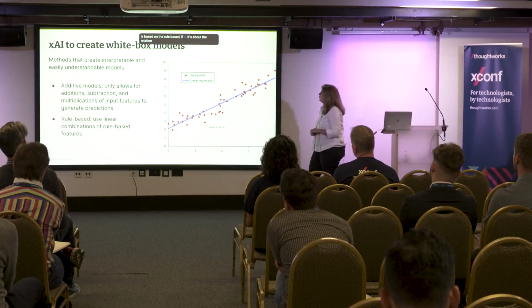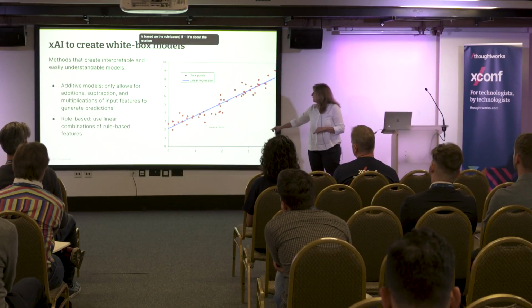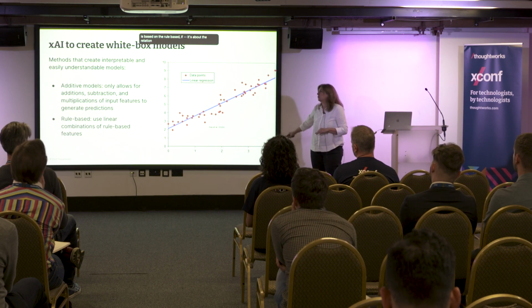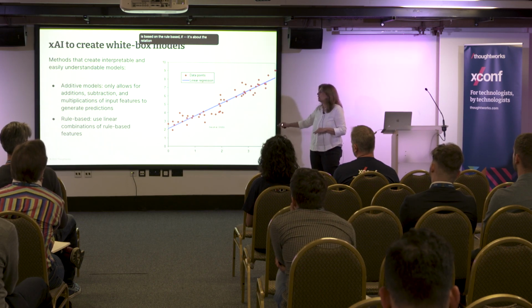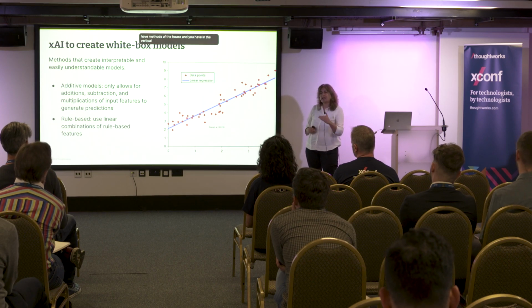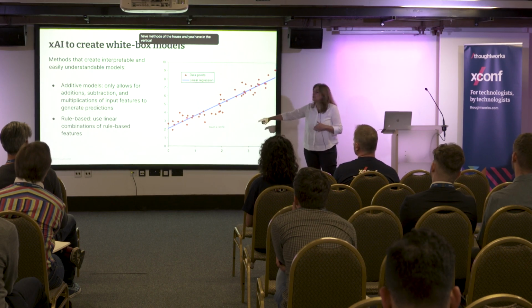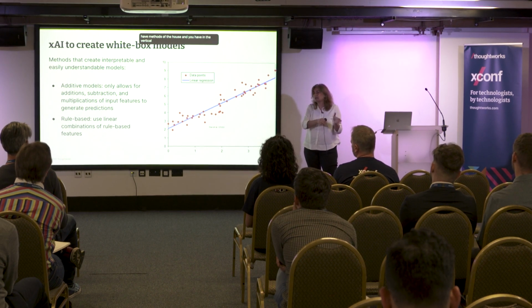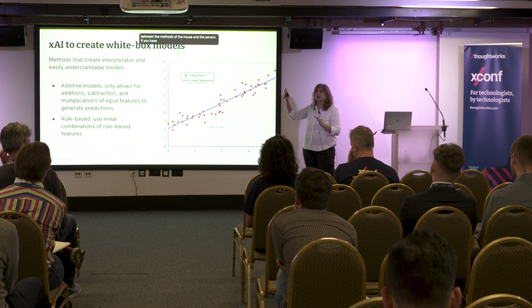For instance, if you have the meters of a house, and in the vertical line the price of a house, probably you can find a linear relation between the meters of the house and the price. If you have a small house, the price is whatever, and if you have a bigger house, the price is much more, according to a linear progression.